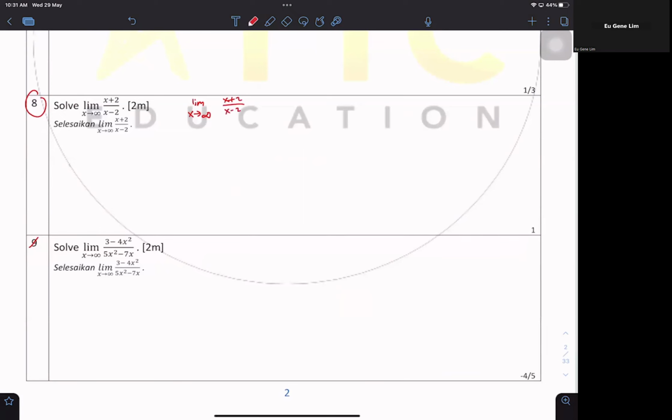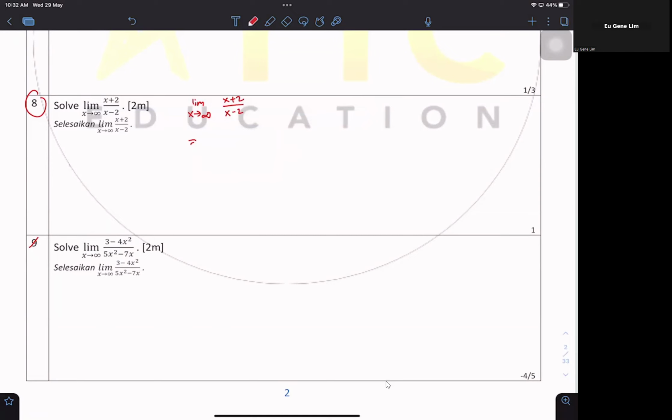Basically, limit is to substitute, but then you cannot straight away sub. If you straight away sub, you get infinity plus 2 and infinity minus 2, and then you cannot get the answer. What is infinity plus 2? No one knows. What is infinity minus 2? No one knows, right?